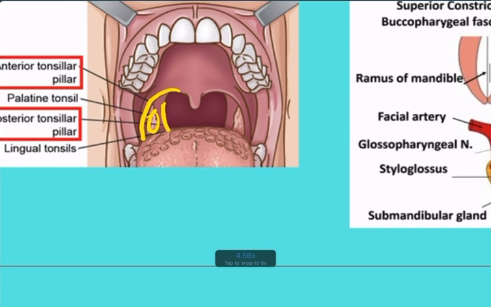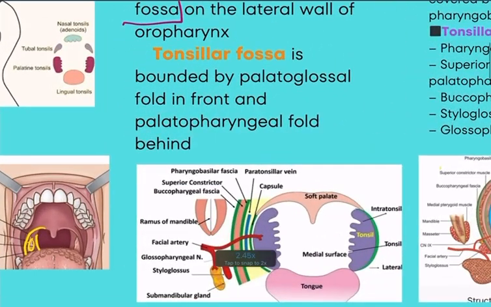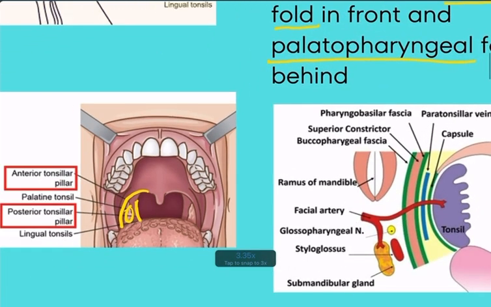The anterior one is called the anterior tonsillar fold or pillar. The posterior one is the posterior tonsillar fold or pillar. You have to know what structures form these tonsillar pillars. The anterior tonsillar pillar is formed by the palatoglossal fold, and the posterior tonsillar pillar is formed by the palatopharyngeal fold.